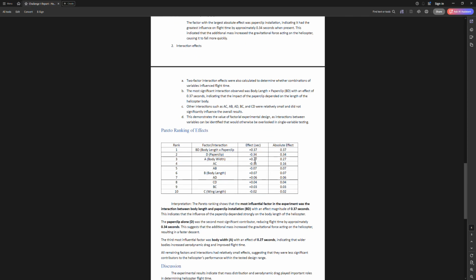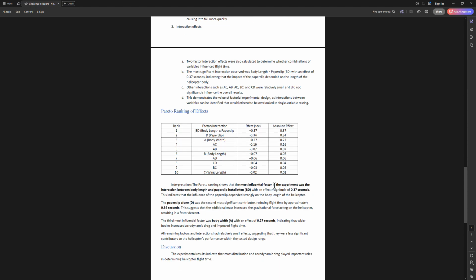Interaction effects between the two are outlined here. And then we have a Pareto chart of sorts that we're able to rank the factor interactions, the effects, and the absolute effects there.